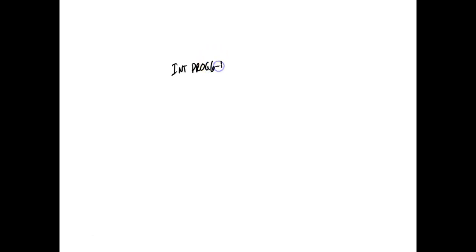What's the lab group? 6-1, right? And then you'd put the activity. So this is the lab group, and this is the activity. I want you to name your file according to this when you save it.